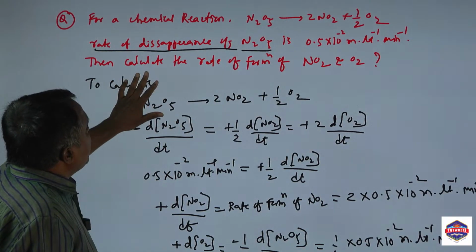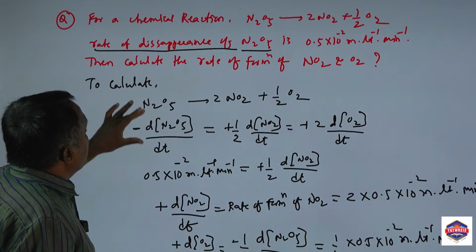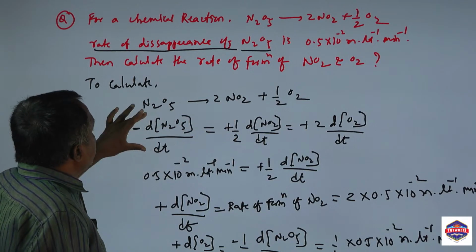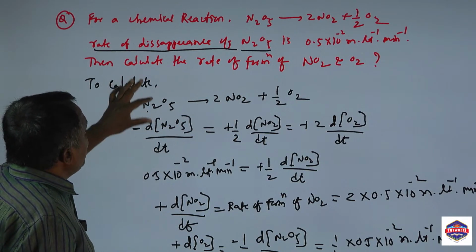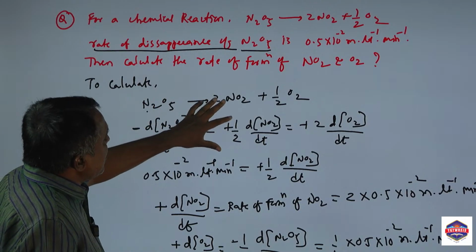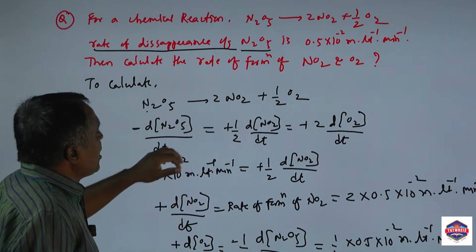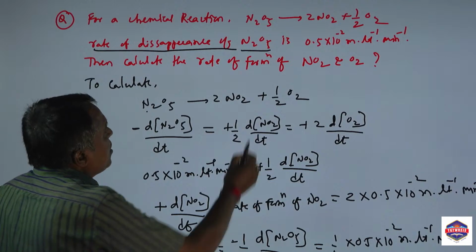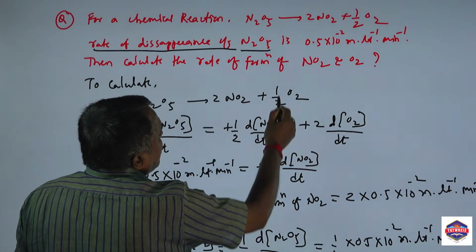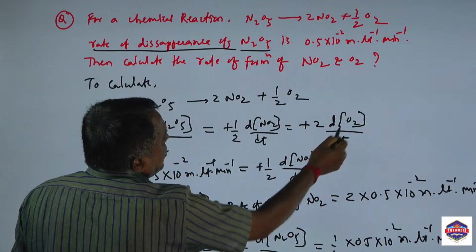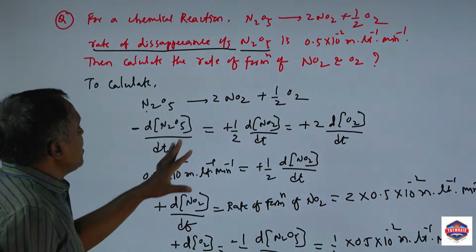To calculate the rate of formation of NO2 and O2, first you write the rate equations. This is the rate of N2O5. It must be equal to plus 1 by 2 dNO2 by dt as per the stoichiometric equation, and it is equal to 2 dO2 by dt.